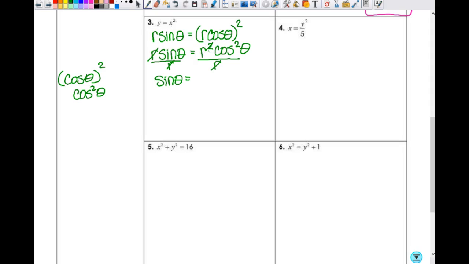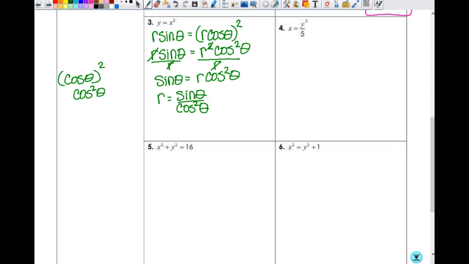Okay. And so then that gives me r cosine squared theta. I want to get r by itself, so how do I do that? Divide by cosine squared. So r is going to equal sine theta divided by cosine squared theta.